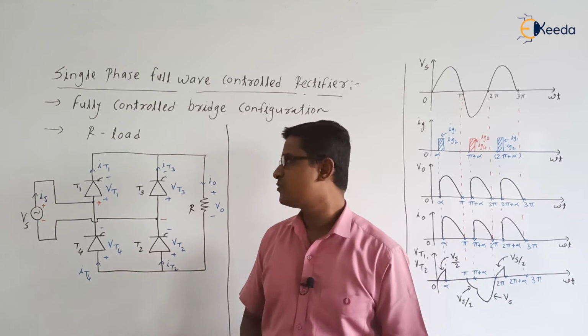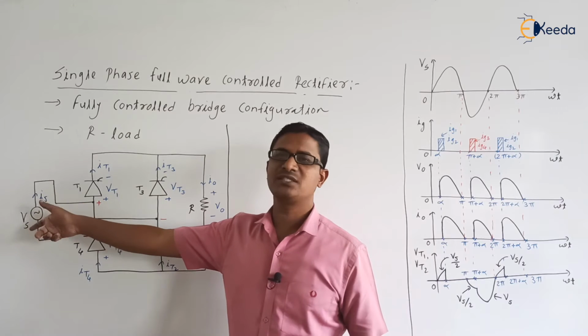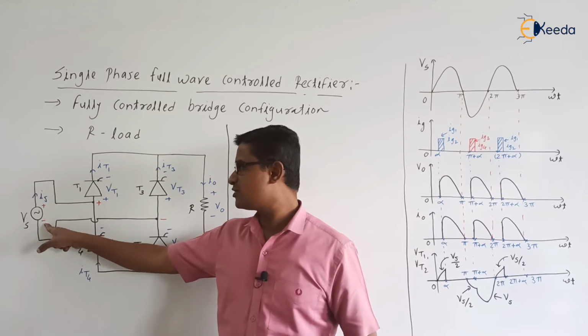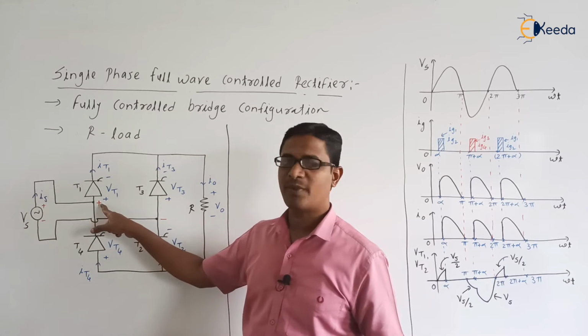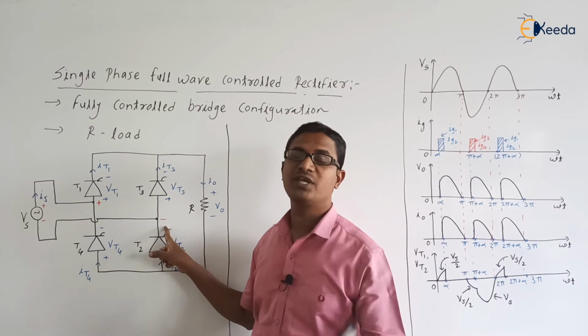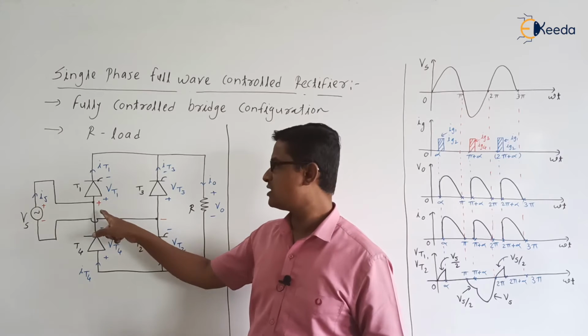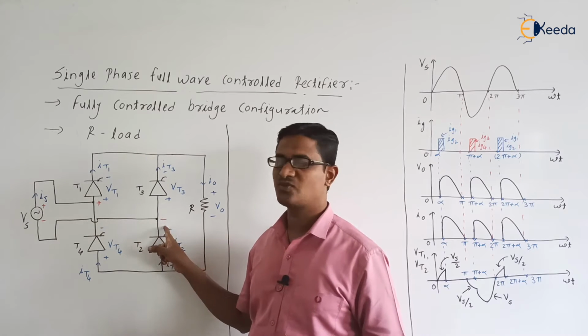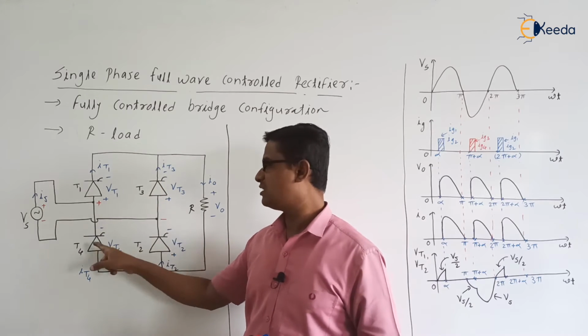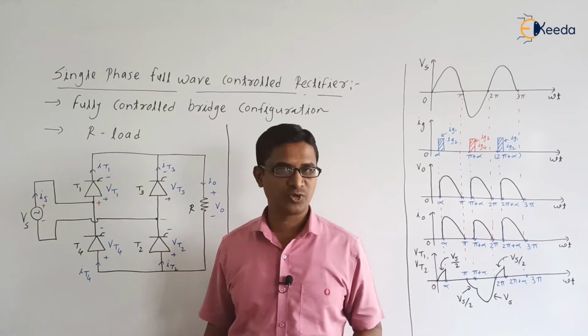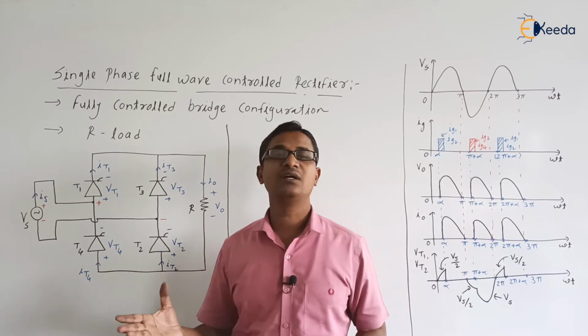Similarly, when Vs is negative, what will happen? It is minus here and plus here, for the negative half cycle of Vs. At that time, thyristors T3, T4 will be in the forward bias mode and thyristors T1, T2 will be in the reverse bias mode.